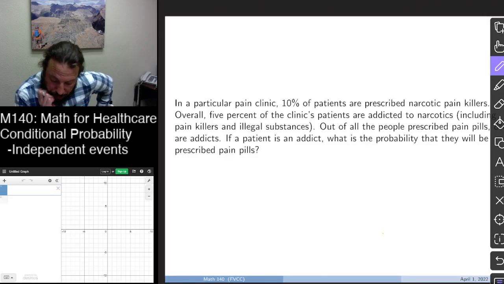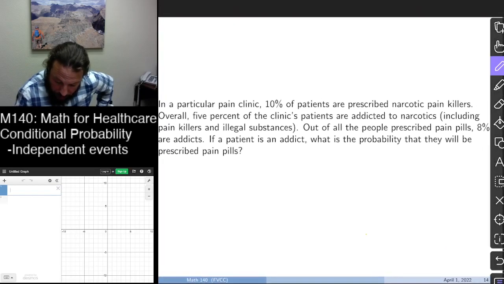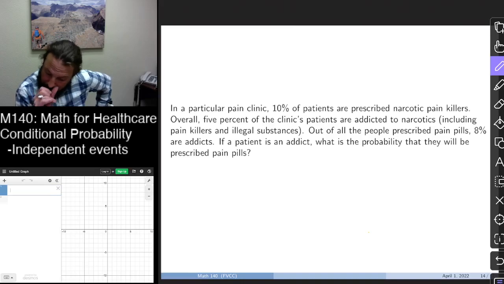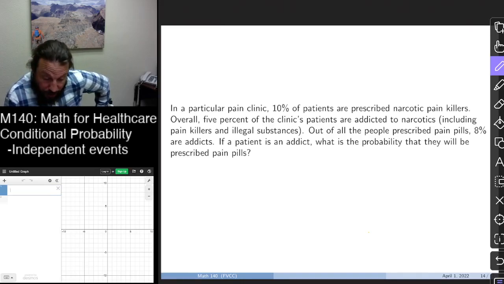Out of all the people prescribed pain pills, 8% are addicts. If a patient is an addict, what is the probability that they will be prescribed pain pills? So let's think about this. 10% of patients are prescribed narcotic pain.